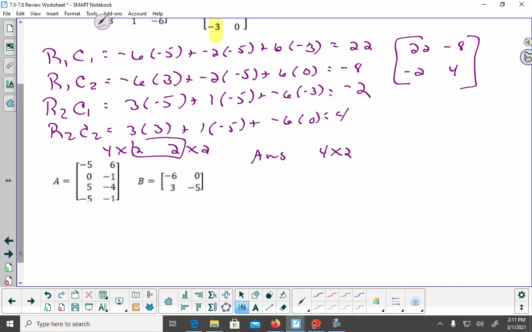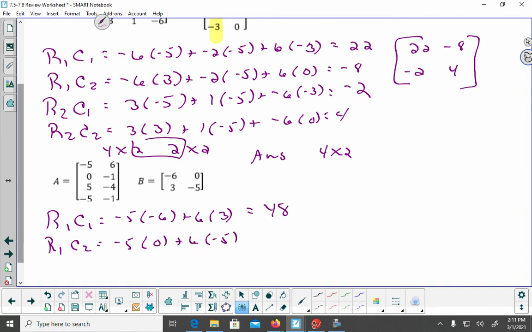So here we go. Row 1 times column 1 will be negative 5 times negative 6 plus 6 times 3, so it's 30 plus 18, which will be 48. Row 1 times column 2 will be negative 5 times 0 plus 6 times negative 5, so that's going to be a negative 30.